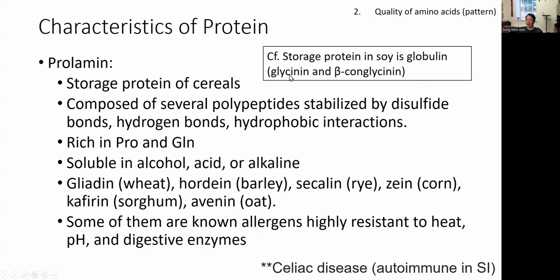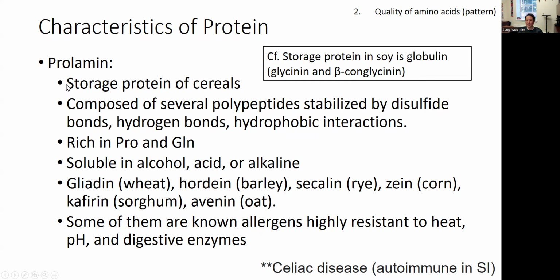Those are the two main types of proteins making the globulin of soybeans. Same thing: several polypeptides are stabilized by disulfide bonds, so insoluble. It's all relative, relatively insoluble. So lower digestibility. That's what it says.